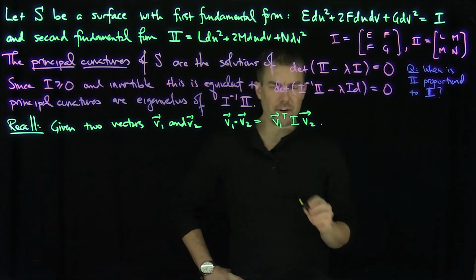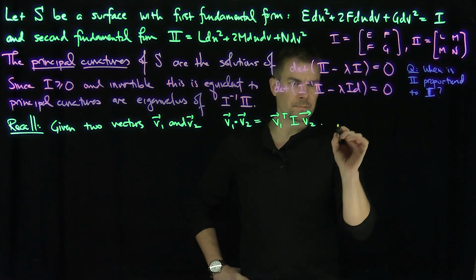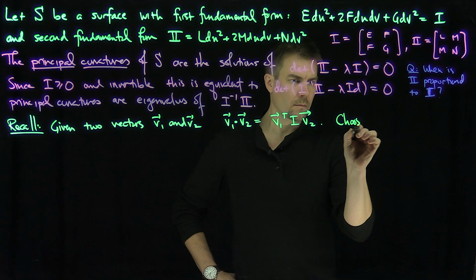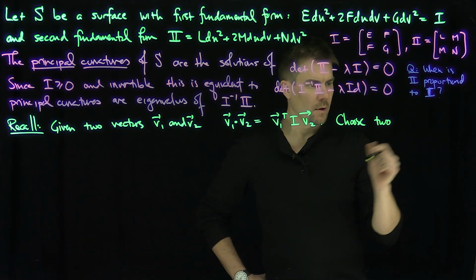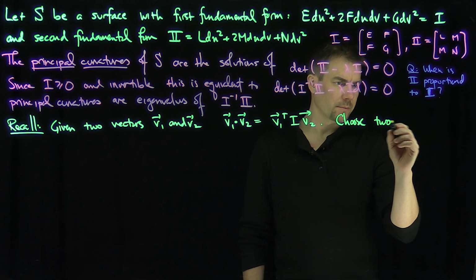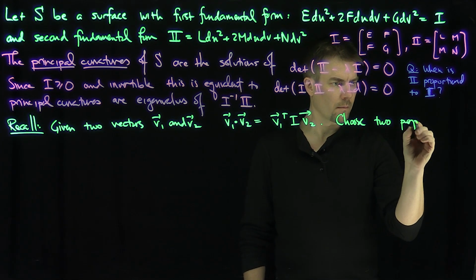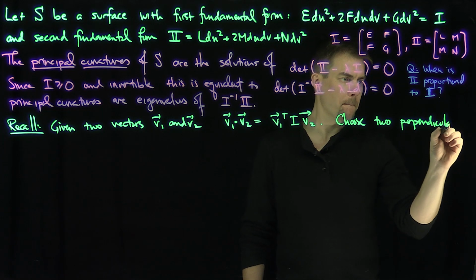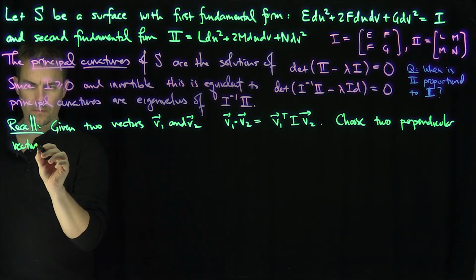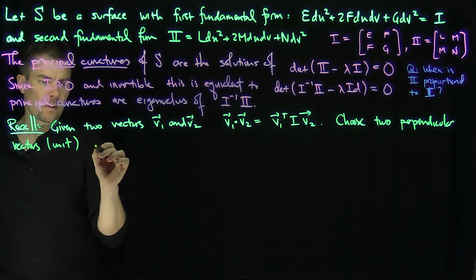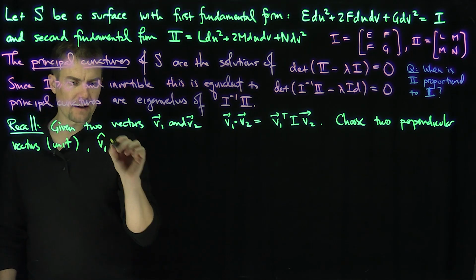And so now what I want to do is the following. I want to choose two perpendicular vectors that are also unit, v1 hat and v2 hat.